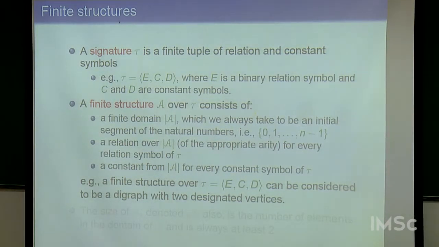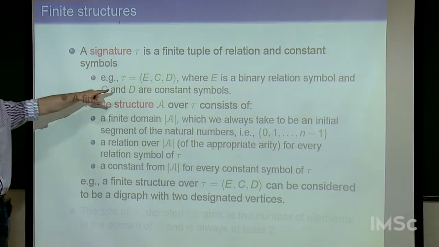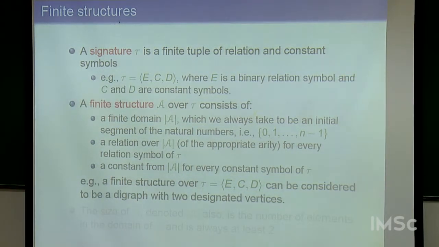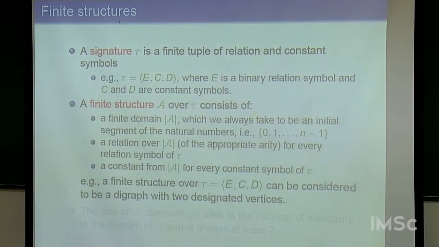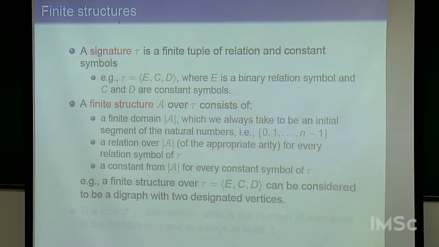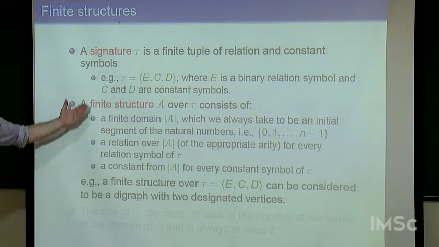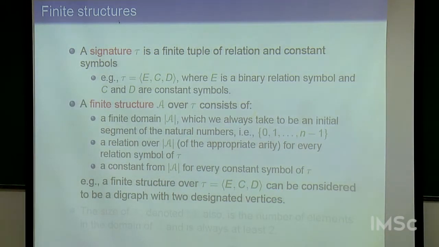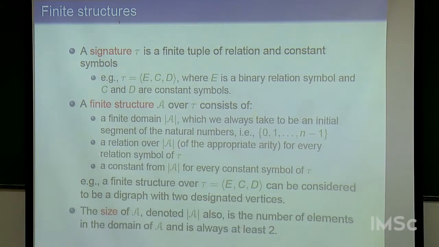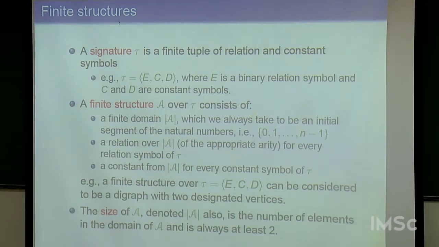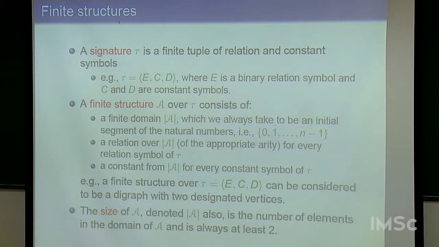It consists of a relation of the appropriate arity over the domain for every relation symbol of the signature, here a binary relation. And for every constant symbol, I have to specify a constant from the domain of the structure. So for a finite structure over this signature, we can think of the domain as telling us the names of the vertices. The binary relation gives us an edge relation on those vertices, and C and D pin down designated vertices. And we denote the size of a finite structure by the number of elements in the domain.